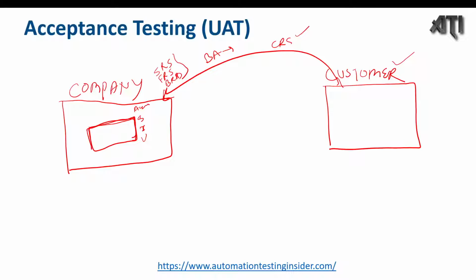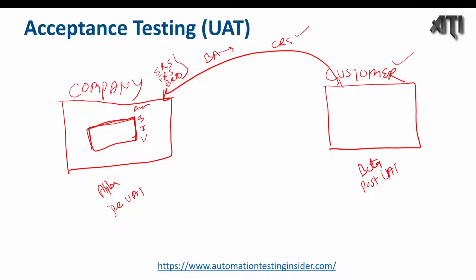So in most of the companies, guys, we have pre-UAT and post-UAT, and in some companies we do only UAT testing. So here we have pre-UAT, and this is also called alpha testing. And at the customer end we do beta testing, and this is called post-UAT.